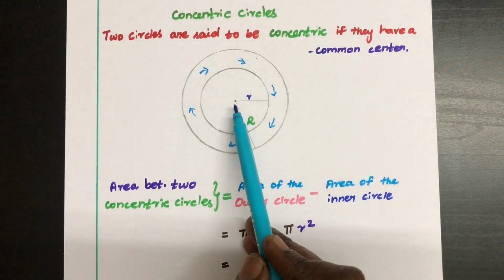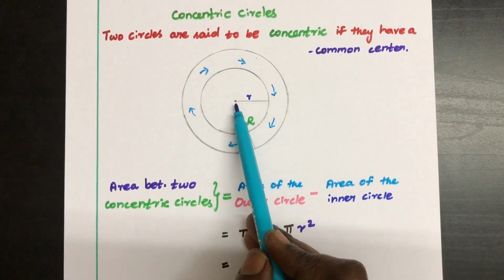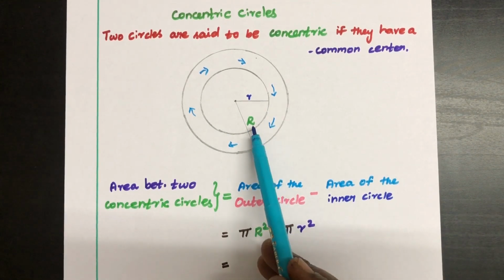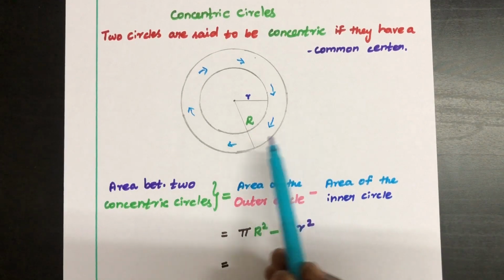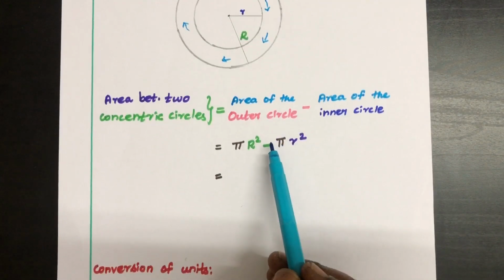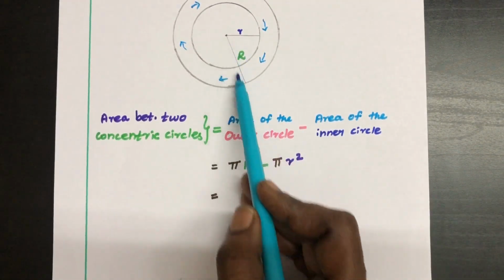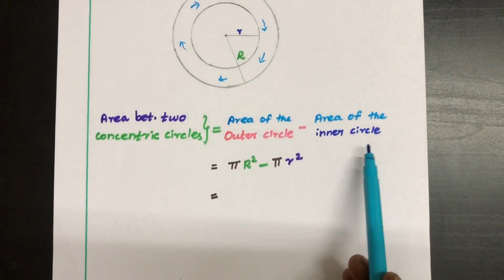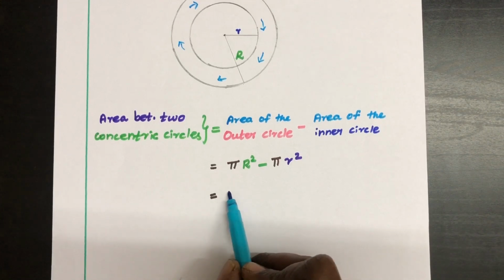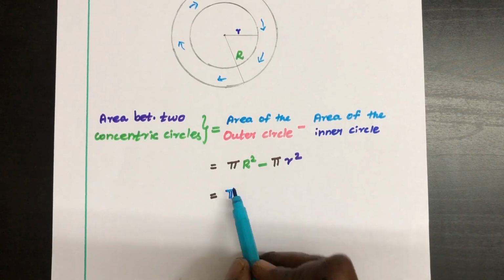See, inner circle has radius r and the bigger, outer circle has radius R. We are taking it like that, okay? So area of outer circle, what is the formula? Pi r square, right? So pi into capital R square minus area of the inner circle, pi into small r square. Pi is common, so we can take pi outside.